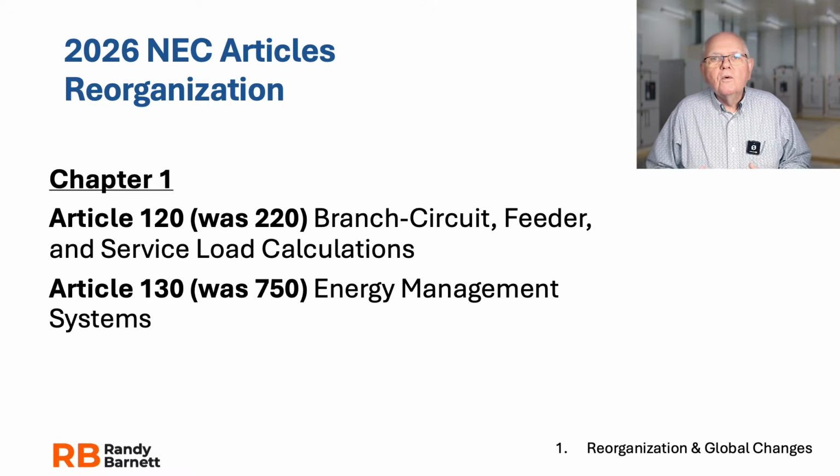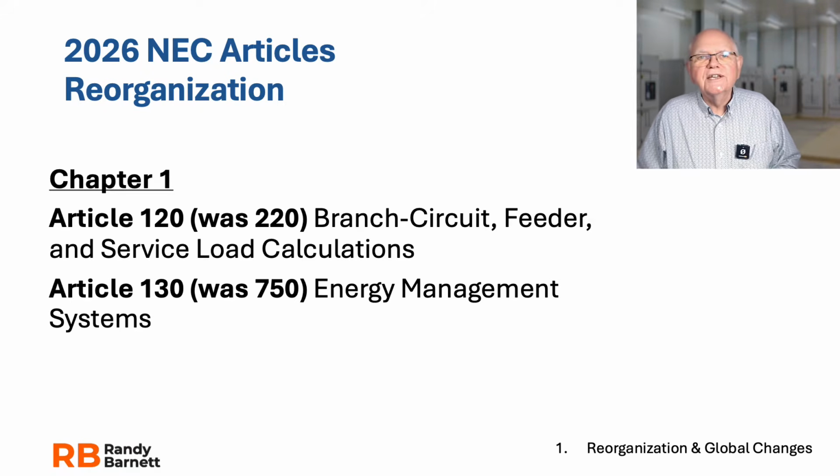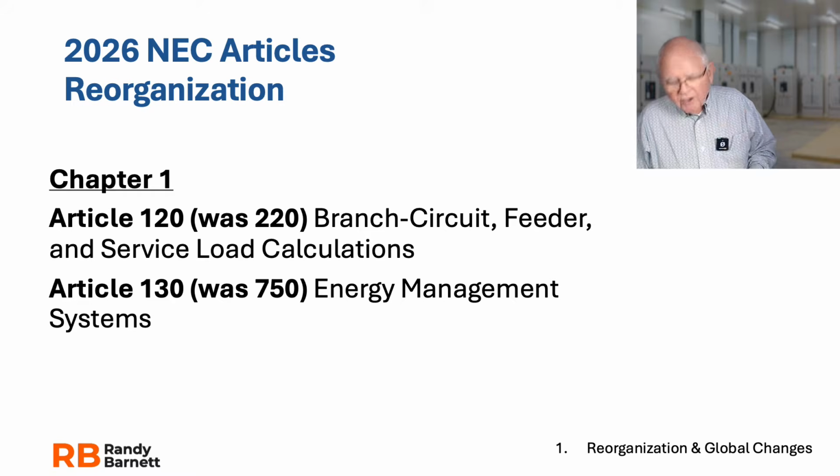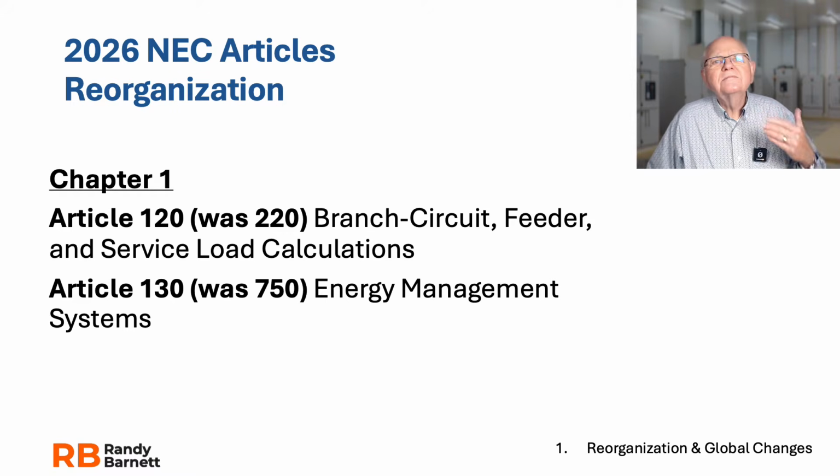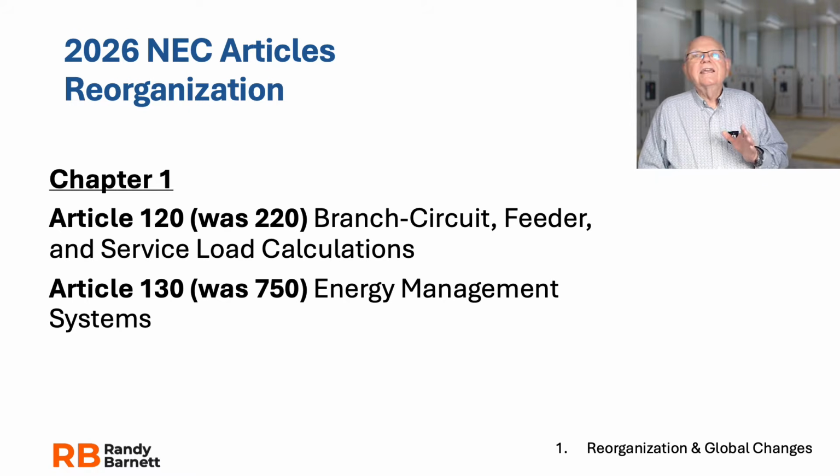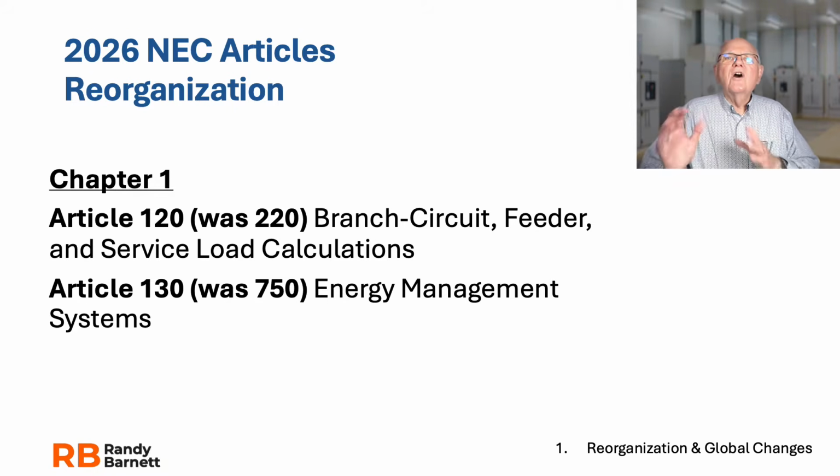Part of Article 120 is that we're required to do calculations for energy management purposes. So Article 130 is energy management systems, and now that appears in Chapter 1 as well. So a little bit of expansion then of Chapter 1. Let's take a look then how these articles are working out for the 2026 NEC.